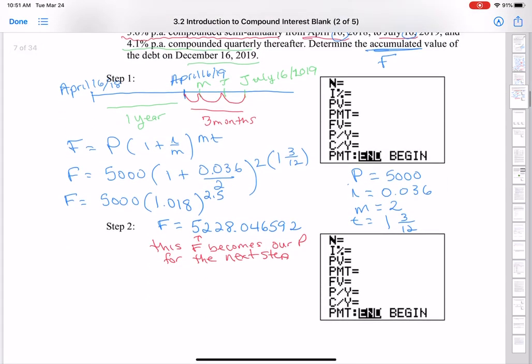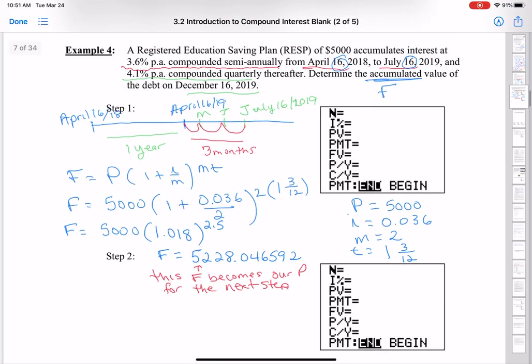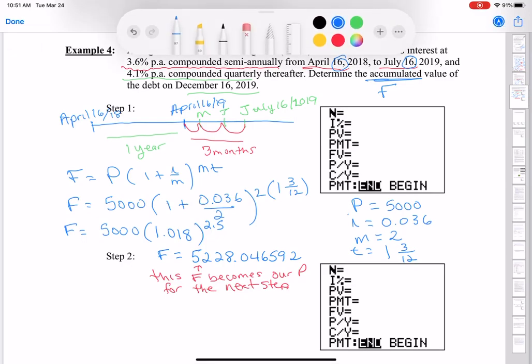All right, so I just want to write down what we know and what we need. We need to take a present value of 5,228 and a bunch of cents to December 16th.